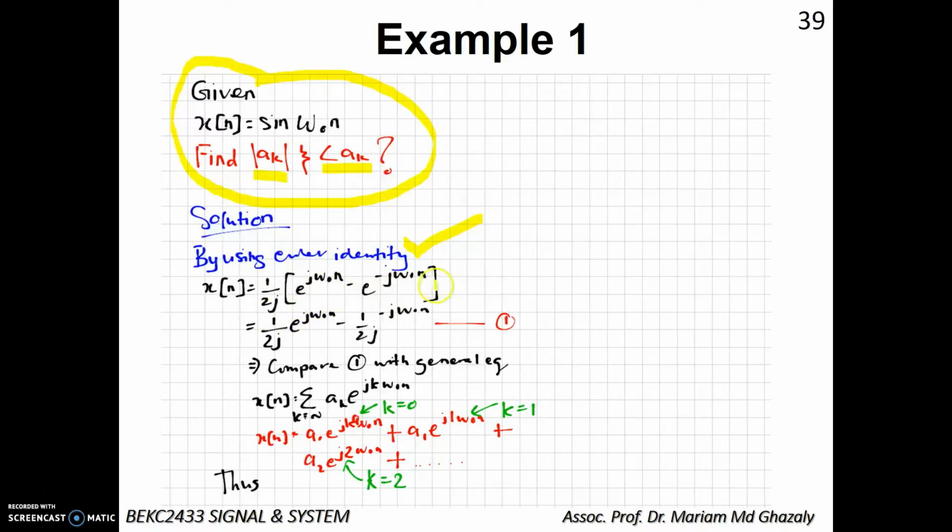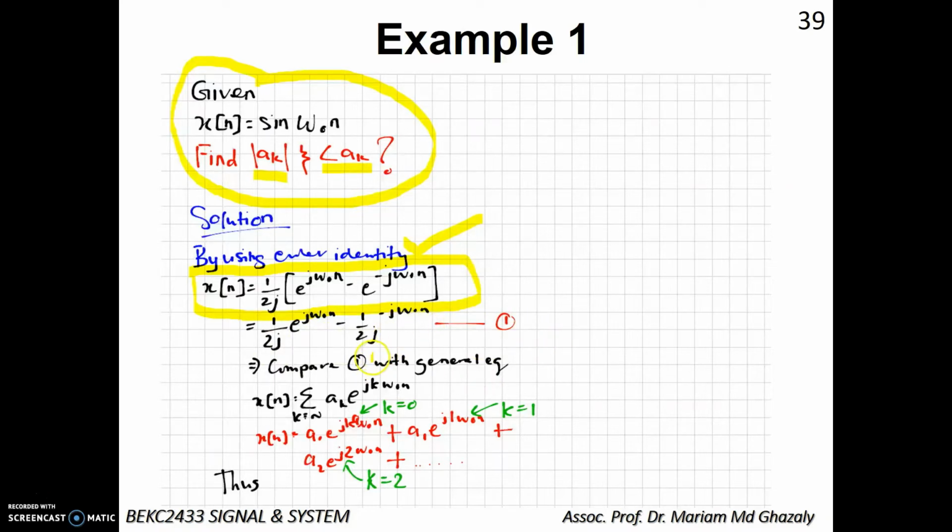So this one is the Euler identity for sine omega n. Then you expand the signal, and you will get equation 1, which is 1 over 2j e^{j omega n} minus 1 over 2j e^{minus j omega n}.